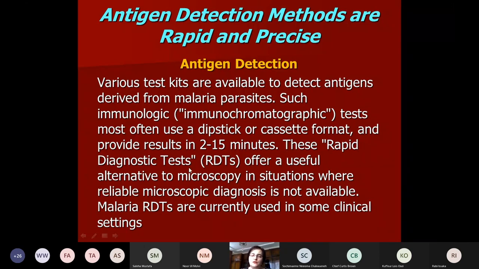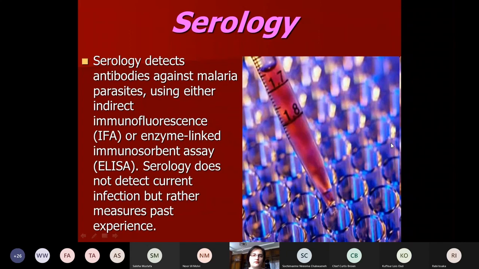This rapid diagnostic test, RDT, offers a useful alternative to microscopy in situations where reliable microscope diagnosis is not available. Malaria RDTs are currently used in some clinical settings. Also, serology detects antibodies against malaria parasites using indirect immunofluorescence or enzyme-linked ELISA.